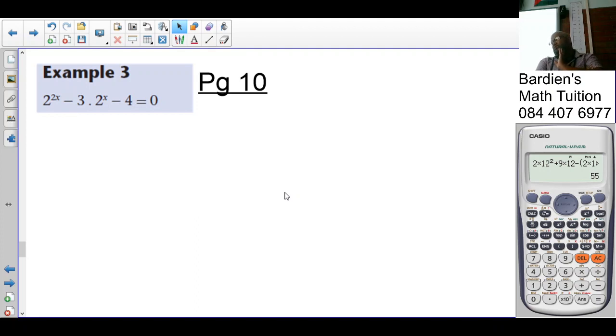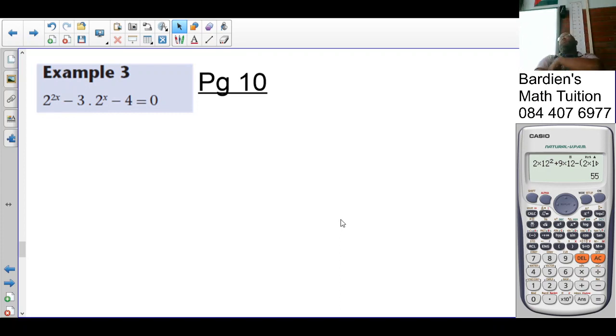They have a 2x in the exponent. Can you see them? Okay.